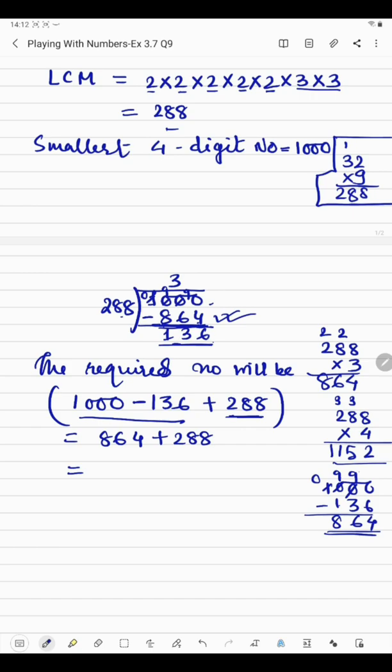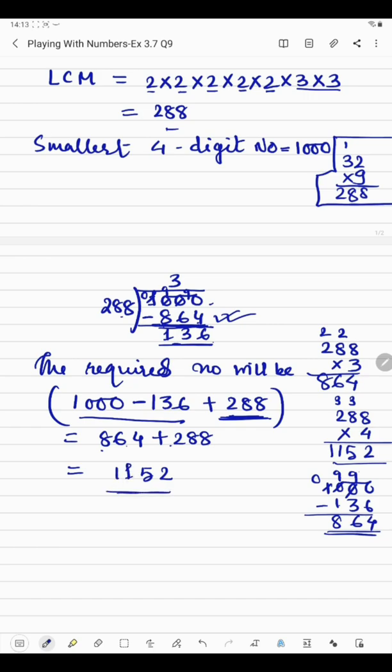We have just subtracted the remainder to get the number which comes in 288's table. But since this 864 comes in 288's table but is having 3 digits, we will have to take the next number, and we can get the next number by adding 288 with that, right? So if you add these two, we'll get 8 plus 4 is 12, 2 carry, 8 plus 6 is 14, 14 plus 1 is 15, 1 carried, 8 plus 2 is 10, 10 plus 1 is 11.